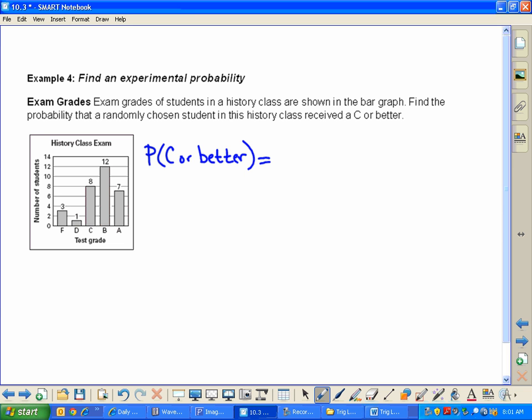Now, to break this probability down a little bit, students who get a C or better are going to be the students that get a C, a B, or an A. So I'm going to think about my favorable outcomes being students who earned an A, B, or C. And then my total number of trials in this case represents the total number of students who took the test.